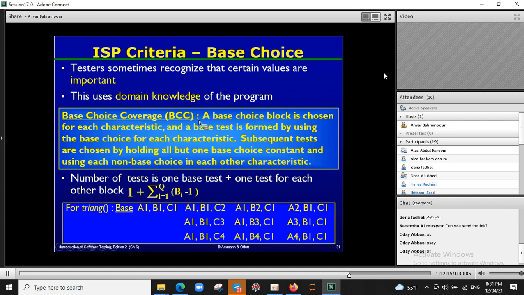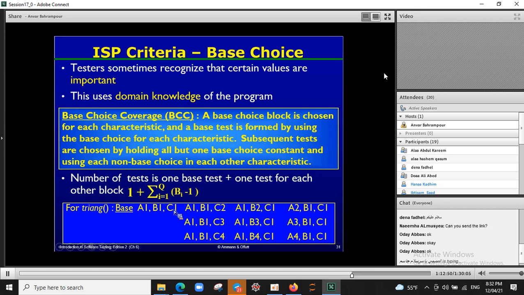According to our definition, a base choice block is chosen for each characteristic. We define this part of the definition according to this example. So a base choice block is chosen for each characteristic, as done for this combination. For the first characteristic, the base choice block is A1.